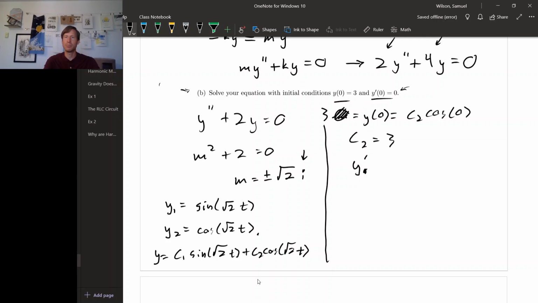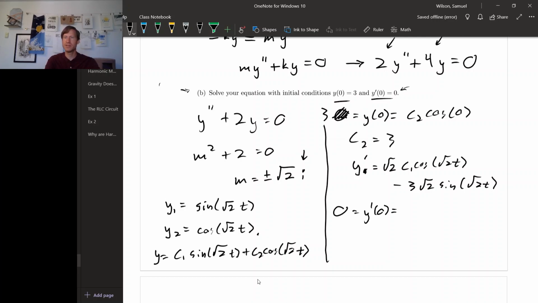So y prime is root 2 times c1 cosine root 2t minus c2, which we now know is 3, times root 2 sine root 2t. And now we can use our initial condition. So 0 is y prime of 0.